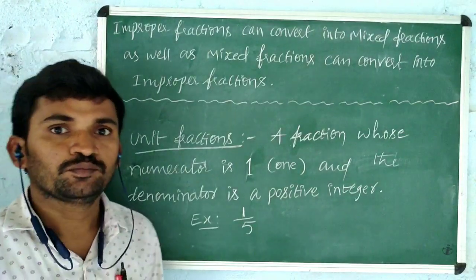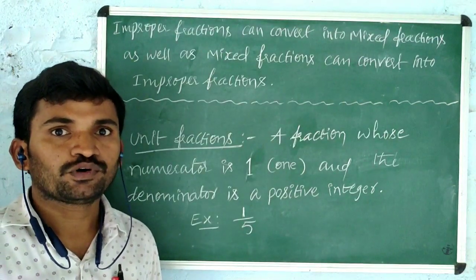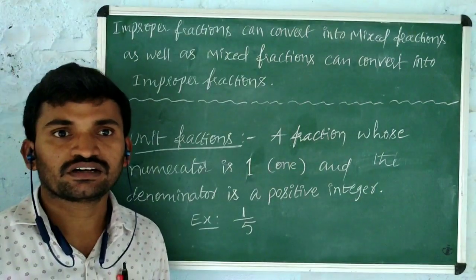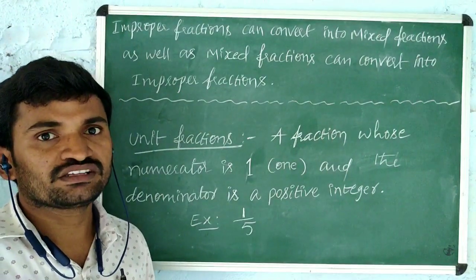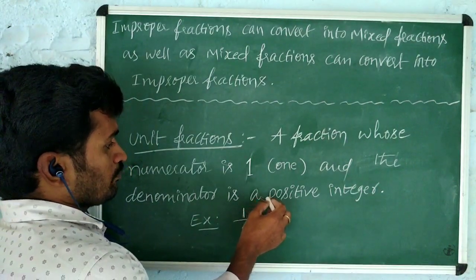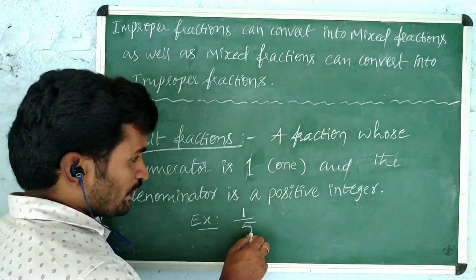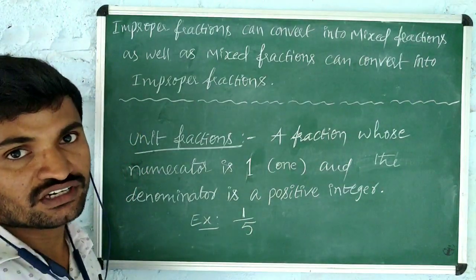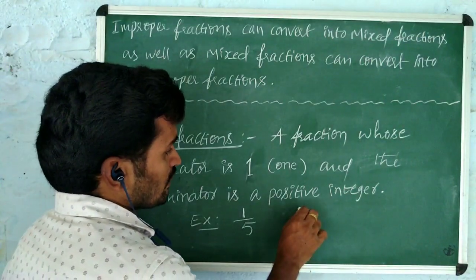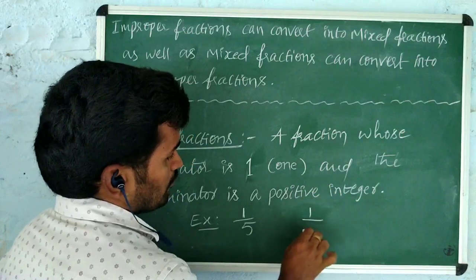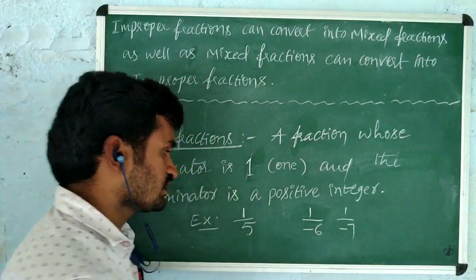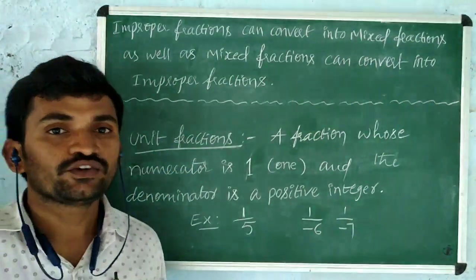You may know positive integers and negative integers. Positive integers means having a plus sign. Negative integers means having a negative sign, minus sign. So we can understand by this definition, the denominator should not be a negative integer. It means 1 by minus 6 or 1 by minus 7, like this, are not unit fractions.